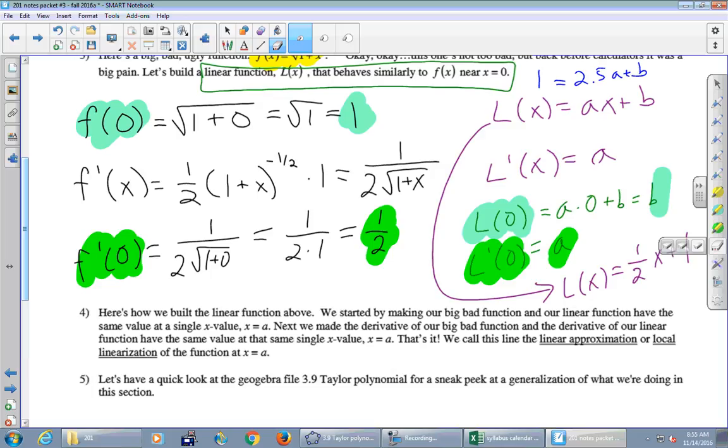So that part would be easy enough. And we would have this a, and I'm trying to make the derivative match the derivative, so I'm trying to make that still equal to a half. So that equation is still easy. Would it still be a half if we were doing 2.5? No, that number would change. But it would just be a number. So then in this case, we'd have a system of two equations and we would solve them together. You'll be doing that in the activity. Great. Any other questions?